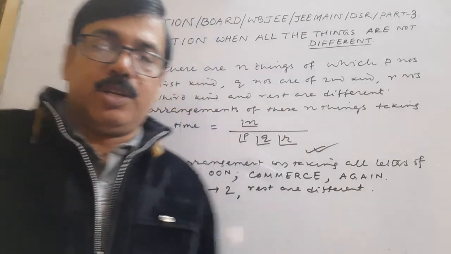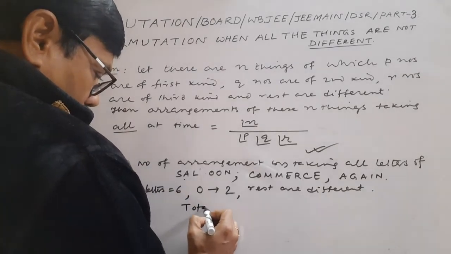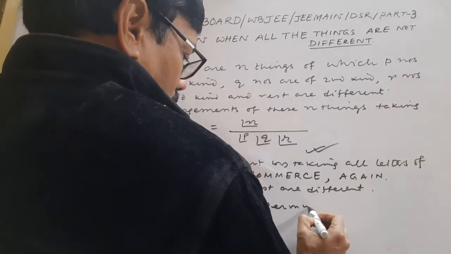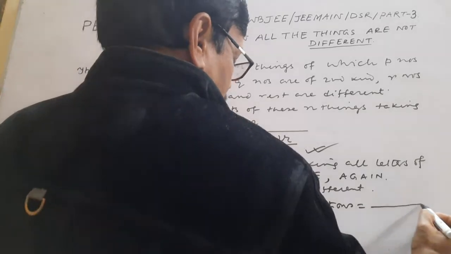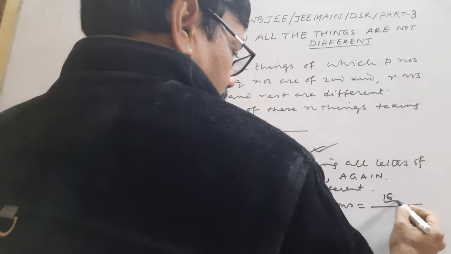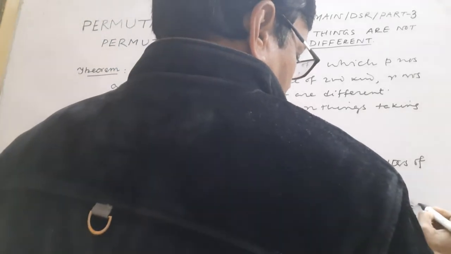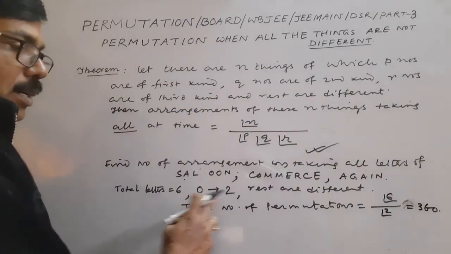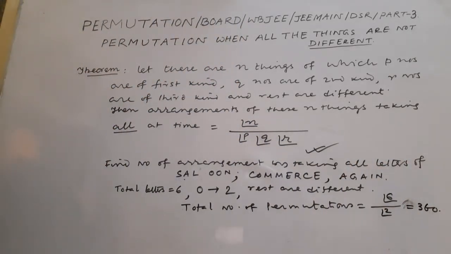So total number of permutations or arrangements, obviously taking all at a time, is factorial 6 by factorial 2. So this is 360. Only O is repeated, so total by factorial 2, 360.